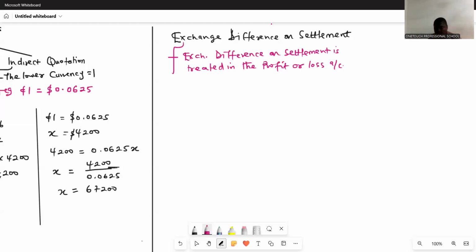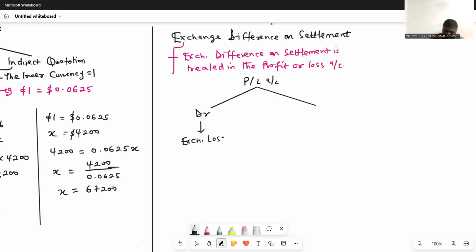Here, your double entry must work. Otherwise, if it's a gain, you will end up saying that it's a loss. So in the profit or loss account, if you find the exchange difference at the debit side, then it is an exchange loss. For debit is for expense, right? If you see that the credit side, then you have an exchange gain.